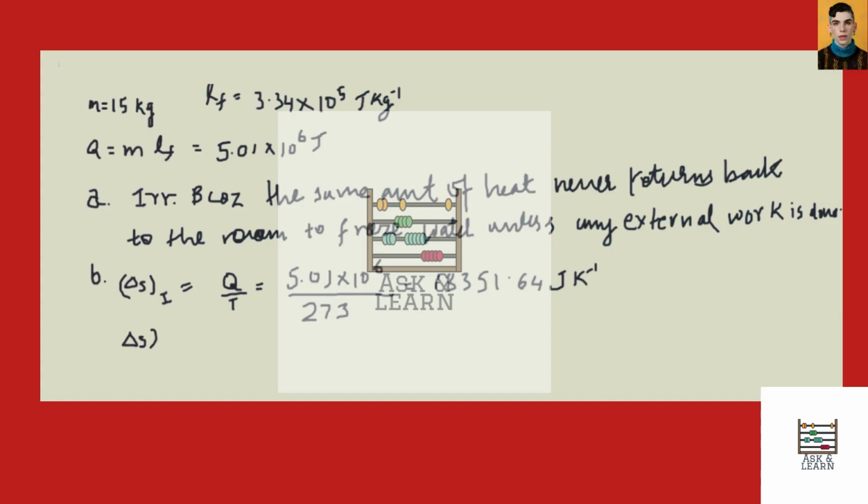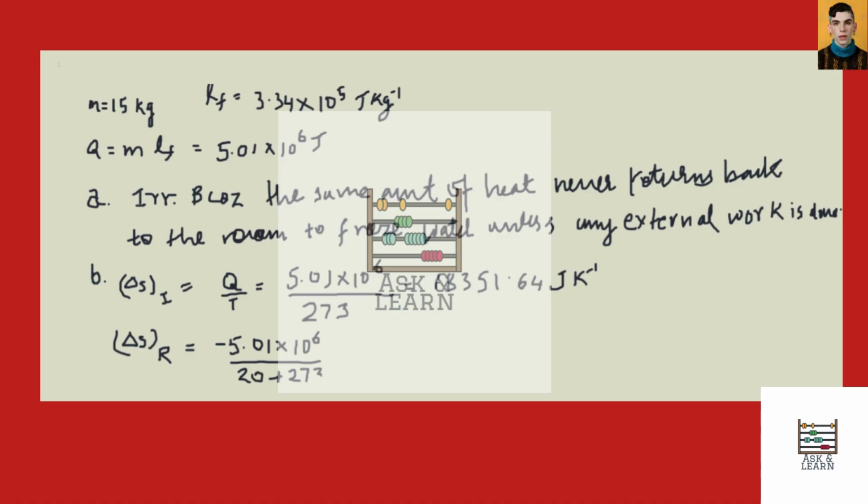Similarly, the room loses the same amount of heat. By using the conservation of heat energy, the room should lose same amount of heat. Now, since it loses, let me write this minus. So minus 5.01 into 10 to the power 6. Now the temperature of room is 20 degrees Celsius. So should I write 20 here? Of course not. You have to convert this into Kelvin.